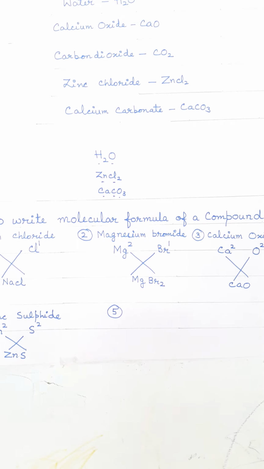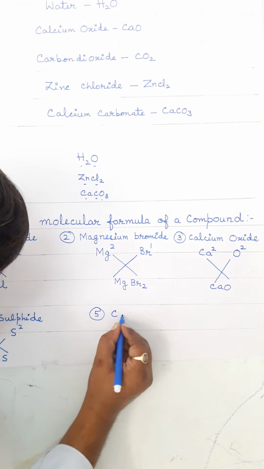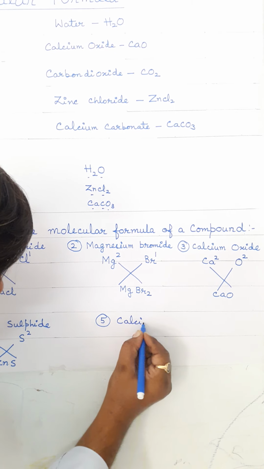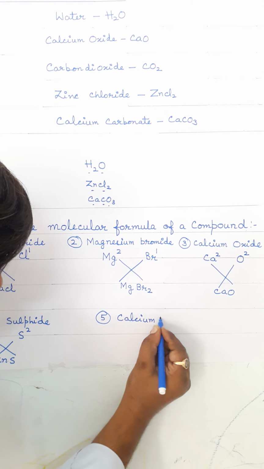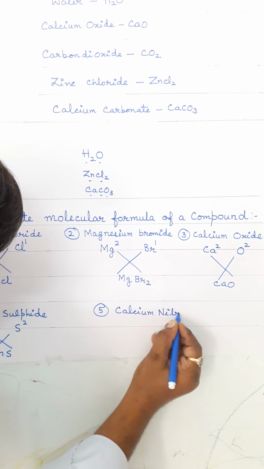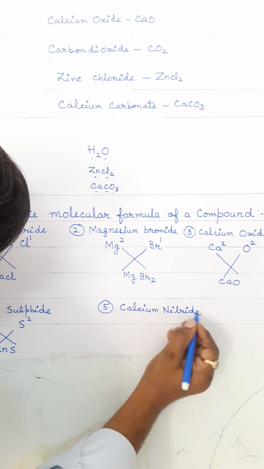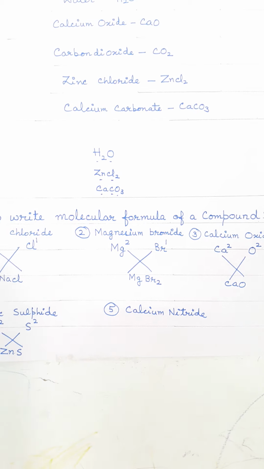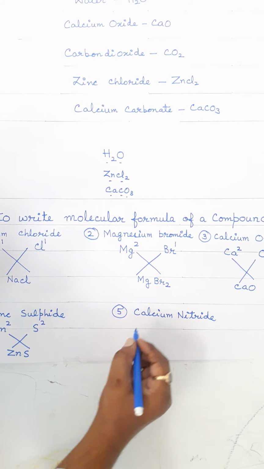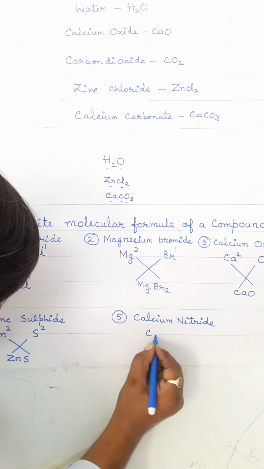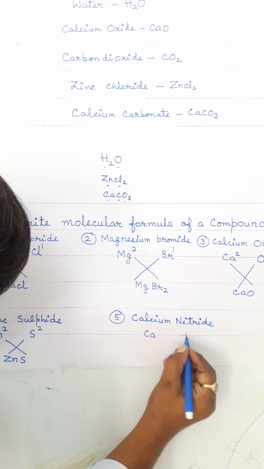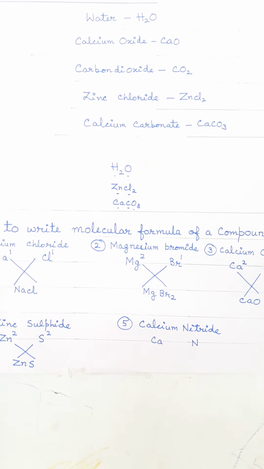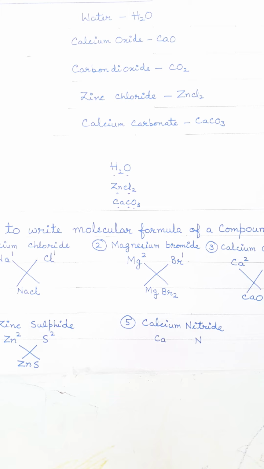The next example we'll take is of calcium nitride. The first step is to write the symbols of calcium and nitrogen. So symbol of calcium is Ca, nitride is N. Second step is to write the valencies of the elements.